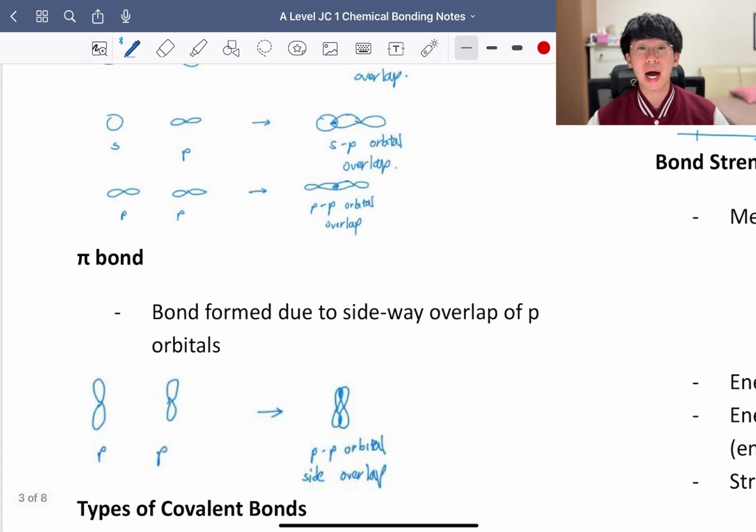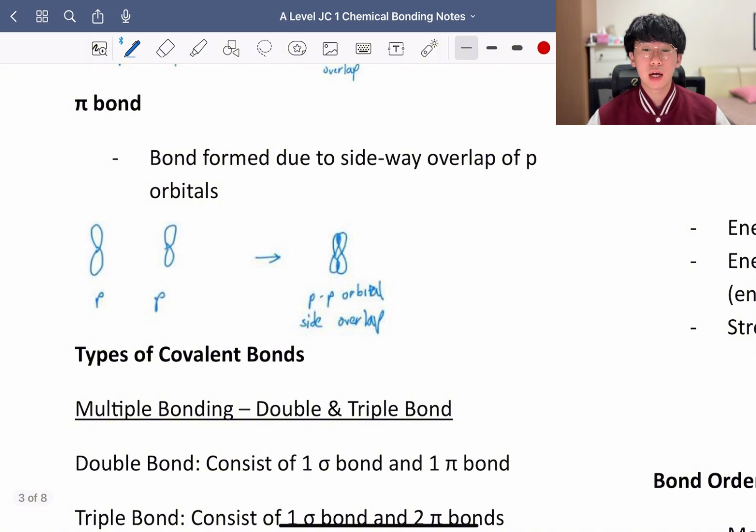But when we move on to a pi bond, pi bonds are classified by their sideways overlap, and they generally involve p orbitals. An example of this is in this diagram over here. You can see that the side-on overlap is a little bit more awkward, but it will overlap.